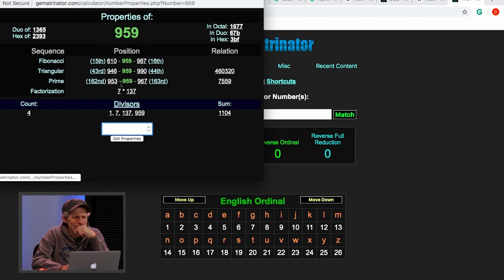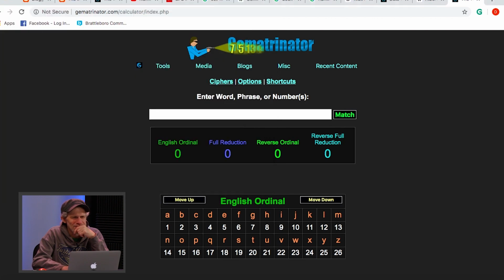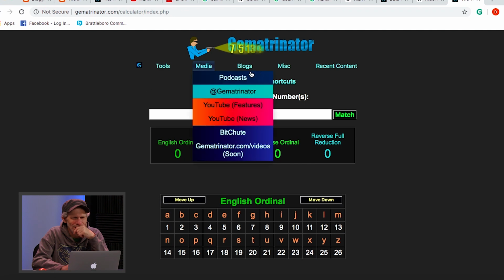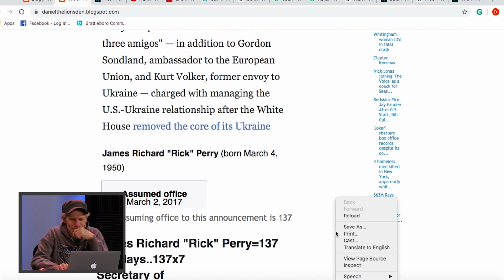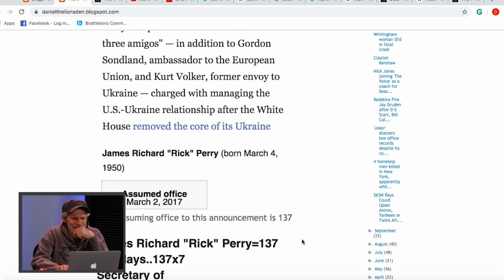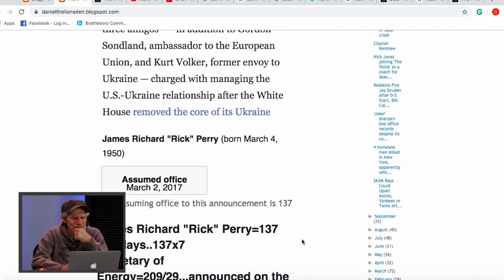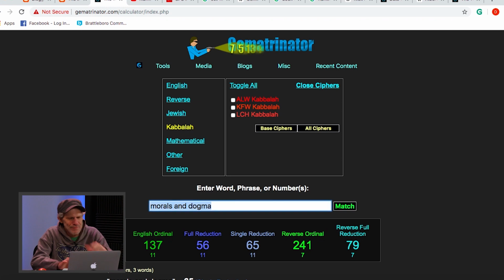So 959 days later, they announced his resignation. Right? This happens a lot. 137 days, 137 weeks after assuming office, 959 days. He's the Secretary of Energy. Secretary of Energy. It's a great little calculator.